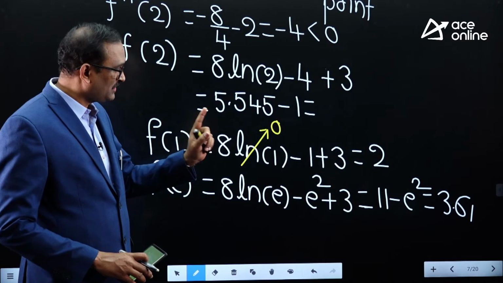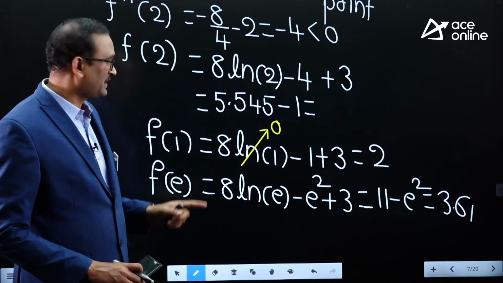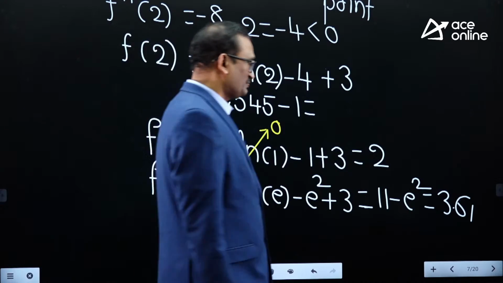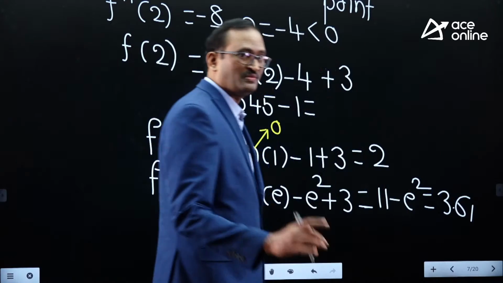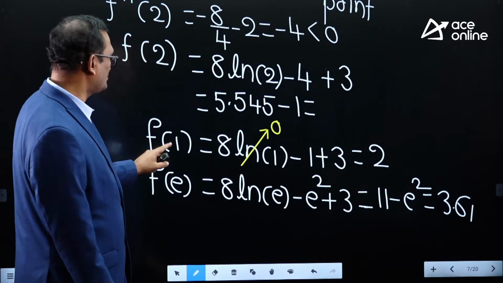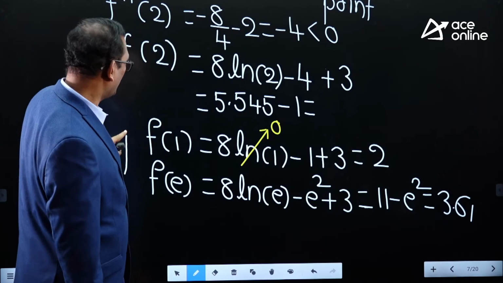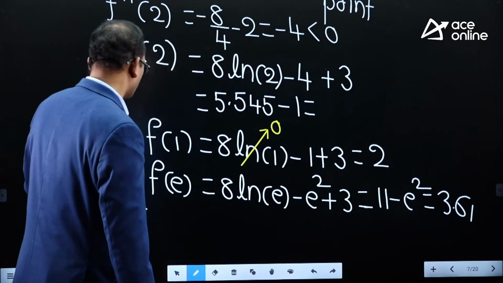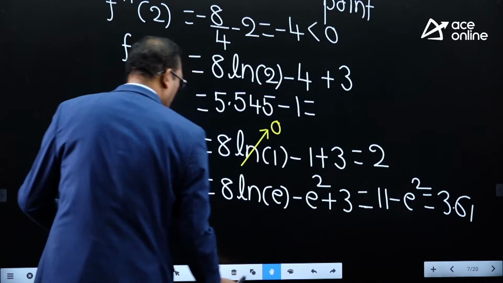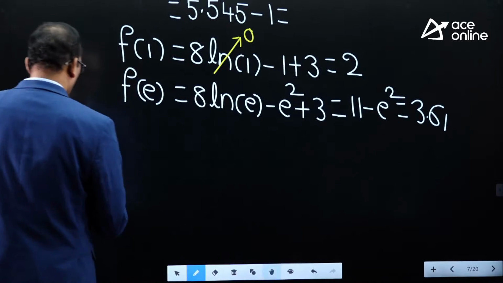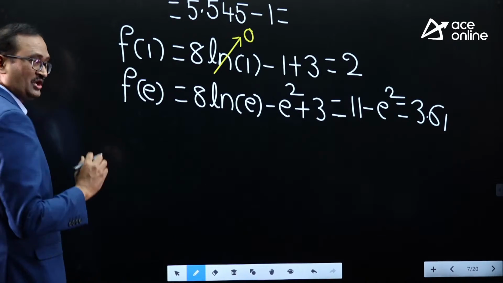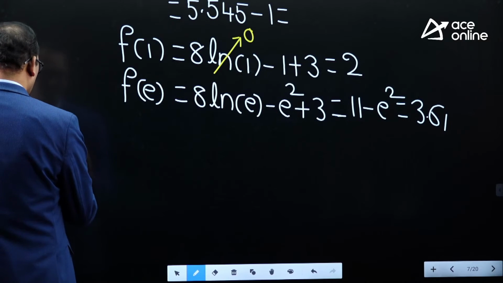The smallest value is 2 and the smallest value occurs at x equal to 1. Because we were asked to write, look there, what you were asked, the smallest value. Minimum means what?